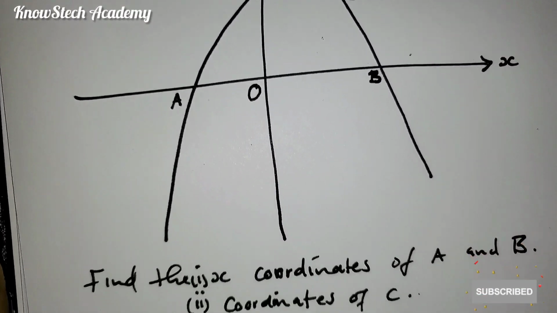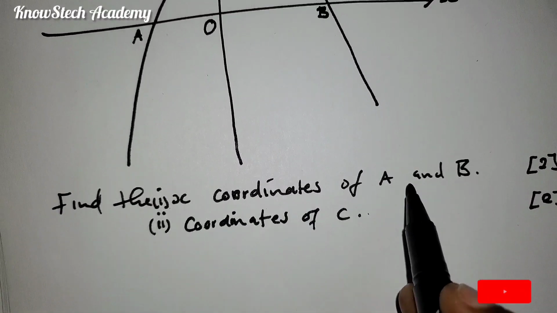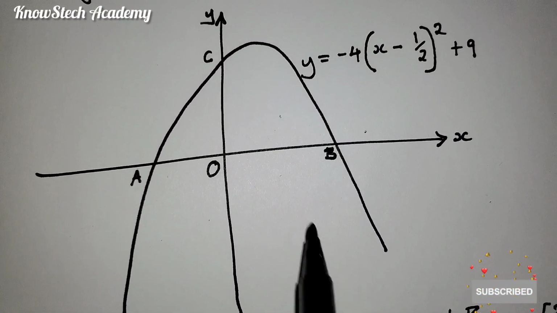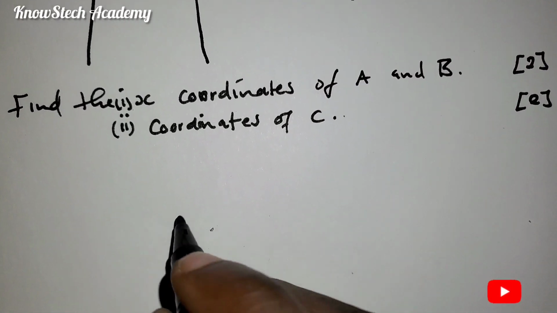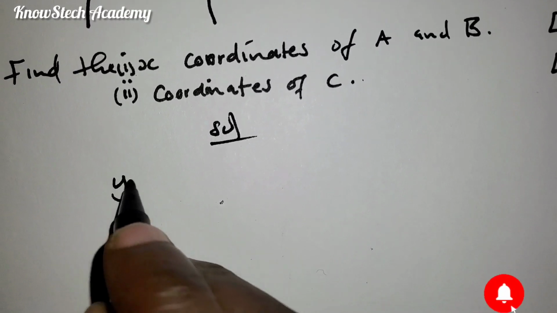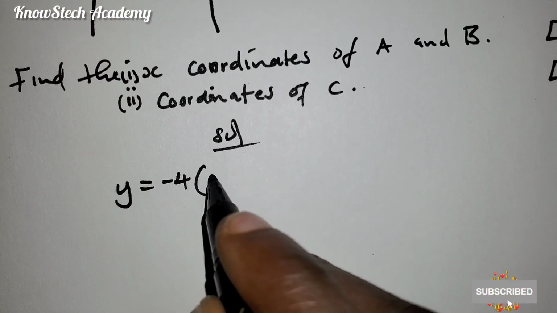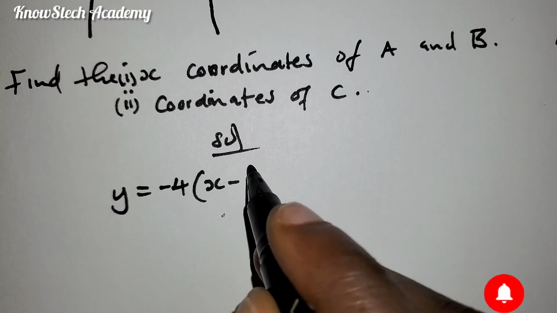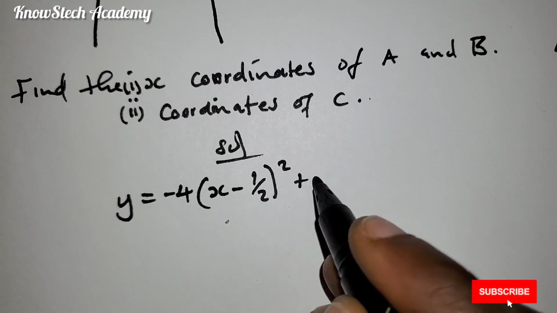Now, to find the x coordinates of A and B, we're going to write this function down, which is y equals -4 open bracket x minus 1 over 2 close bracket squared plus 9.